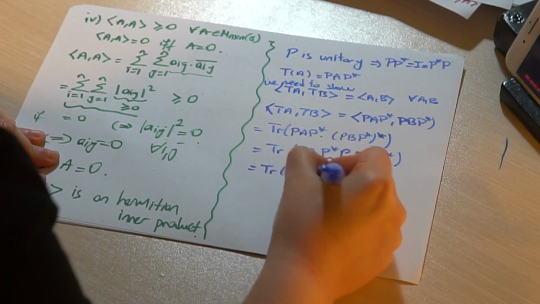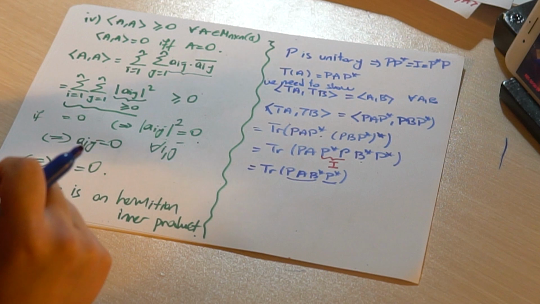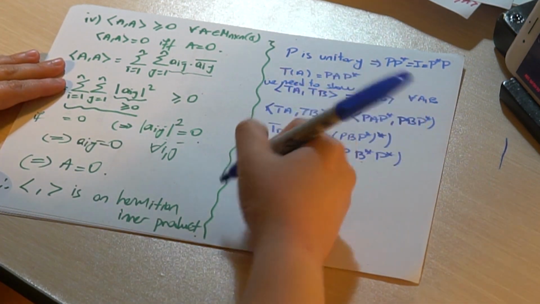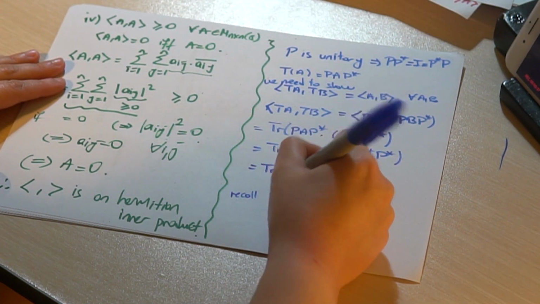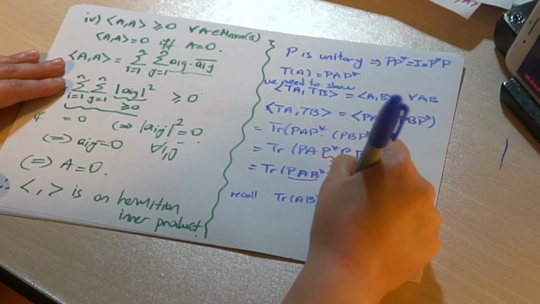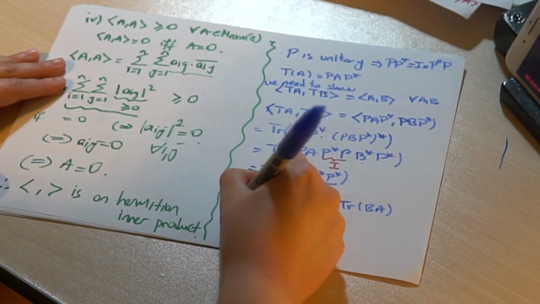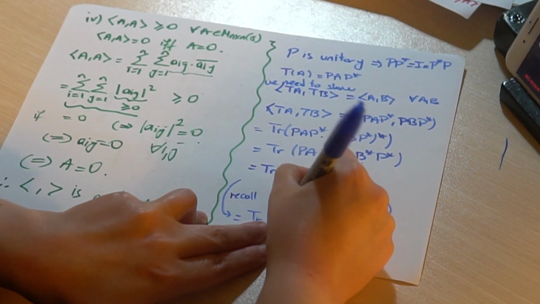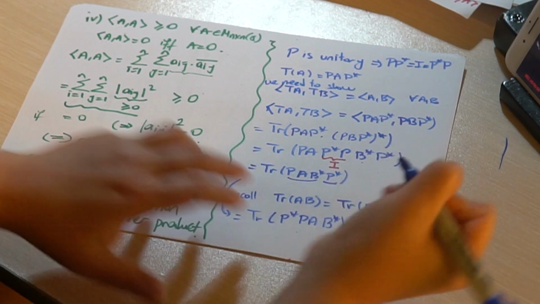If we see this one and this one as two matrices, the trace operation is commutative. This means that, recall that trace of A times B is equal to trace of B times A. Because of this, we can say that this one is equal to trace of P adjoint times P A B adjoint.